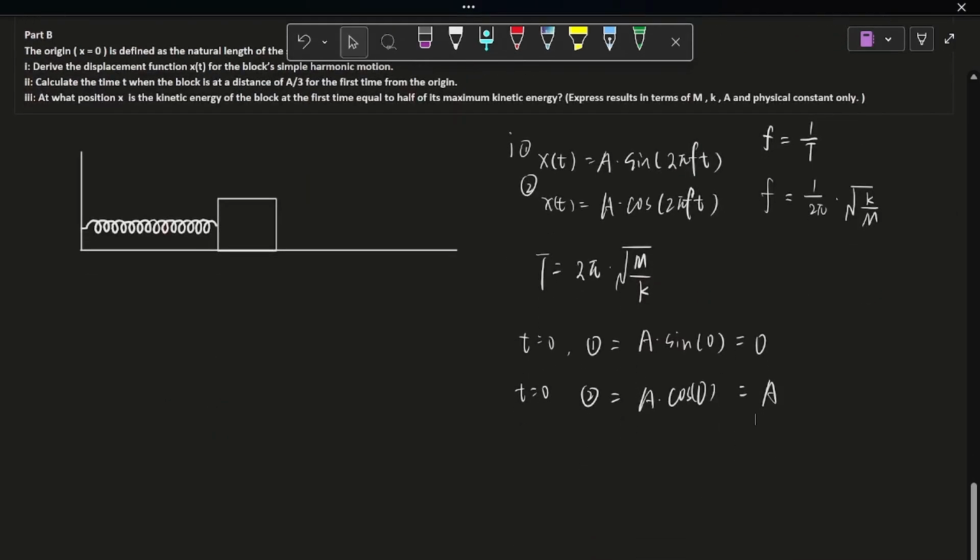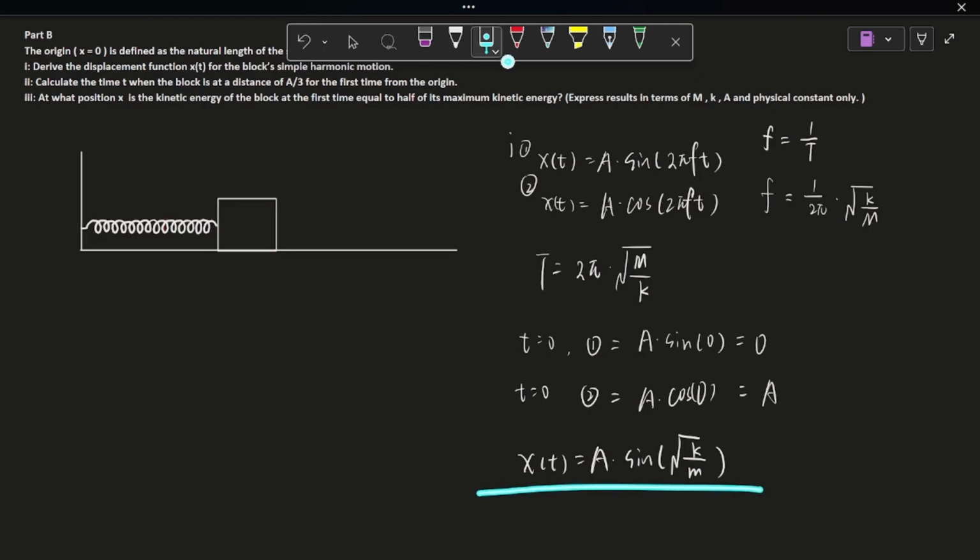So let's plug f into the first equation. x(t) will simply equal A times sine of 2 pi times 1 over 2 pi, which cancels out. So the only thing left inside is the square root of k over m, times t. So that is the expression for the displacement in simple harmonic motion in this question.